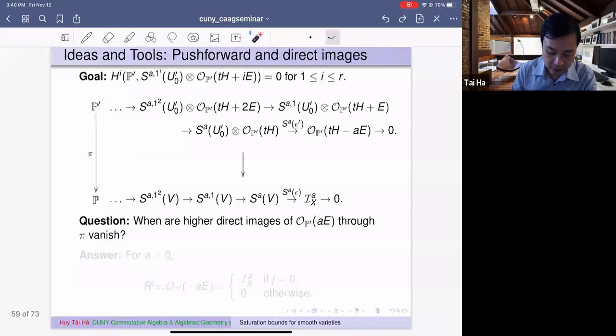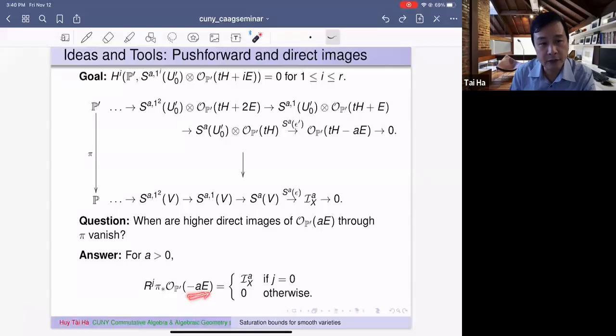Thankfully, that can be done, at least for the negative copy of A.